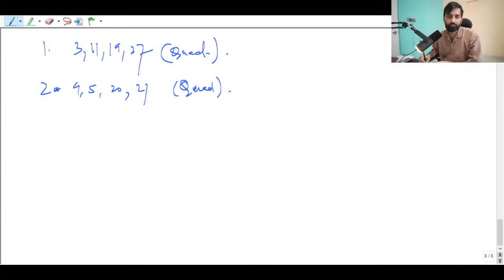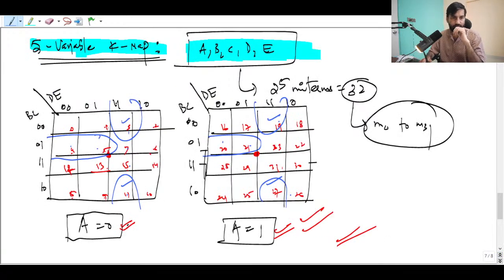Next is, if someone is going to ask you, can you tell me 1, 5, 19, 23? Are they quad? No, they are not quad, remember. 1, 5, 19, 23. They are not quad at all. Please do remember this point, guys.